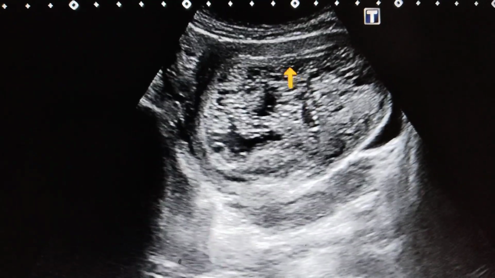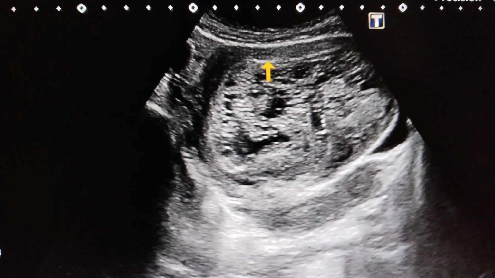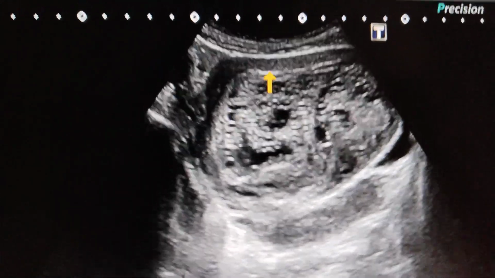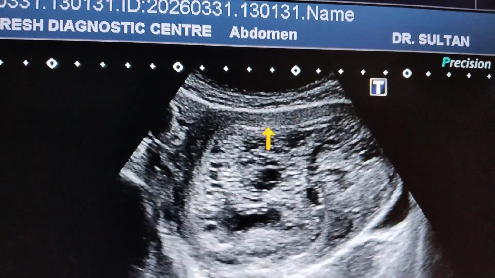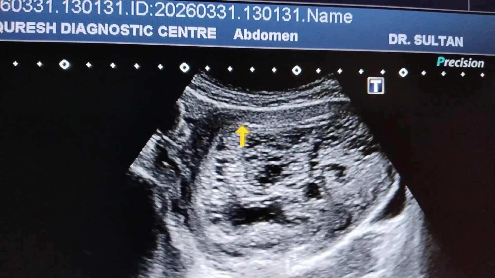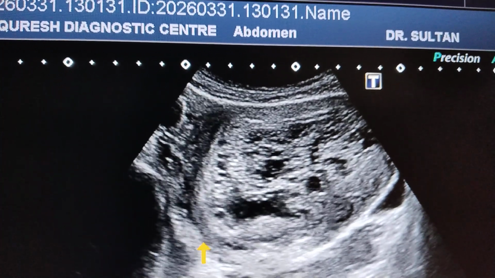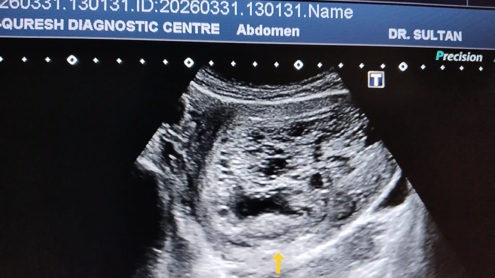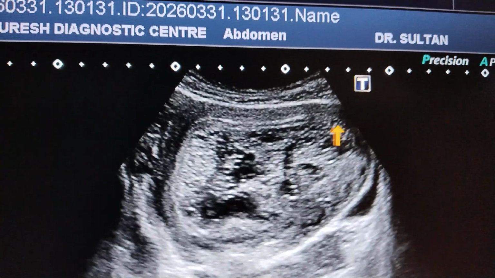This mass is present within the uterine cavity, and we can appreciate it is adherent, or we can say it is covering the whole wall of the uterine cavity all around.